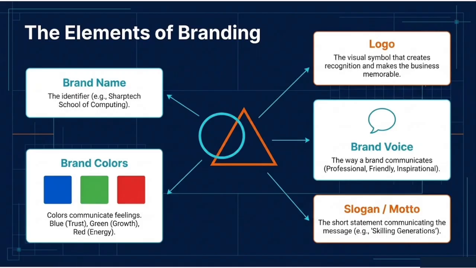So as you think of a company or a business, those elements are very important in your branding process. And then finally is the brand voice. This refers to how the brand communicates. A brand can have a professional voice, a friendly voice, or inspirational voice, depending on its audience.